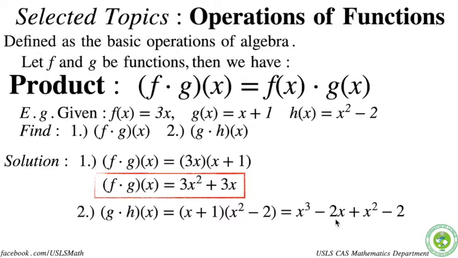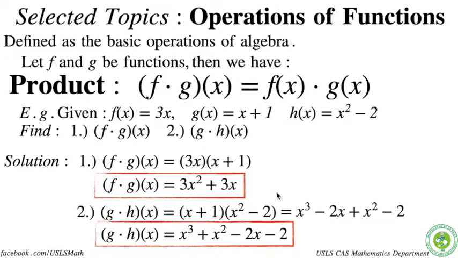These are the same variable, but they don't have the same degree. Also, common practice when putting our answer in the final form is to put the terms in descending order of degree. So we put the x cubed first, then the x squared, then the x, and then the constant term. And that will be our answer for number 2.